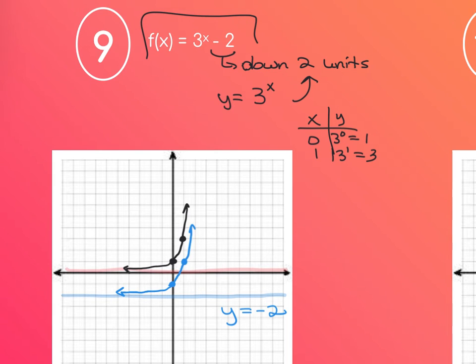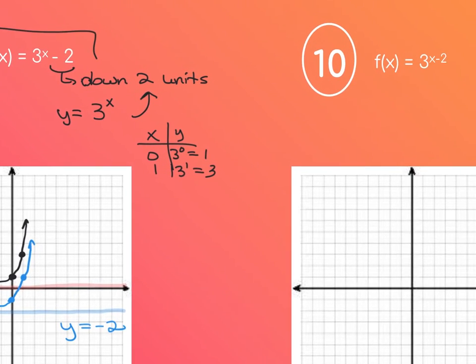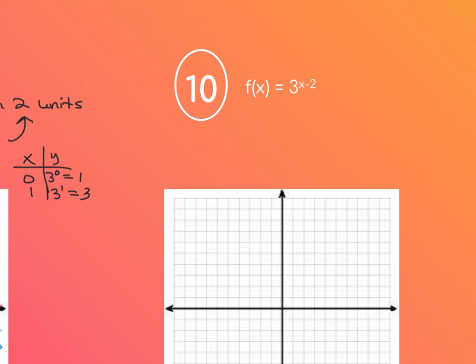If it's subtracting a number, it's moving it down. The next example, what's going on is in the exponent. So this is the horizontal shift. And again, we're thinking backwards. So this is going to be a shift of 2 units to the right.